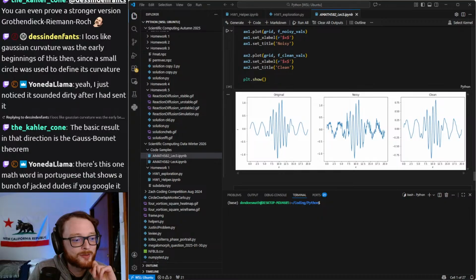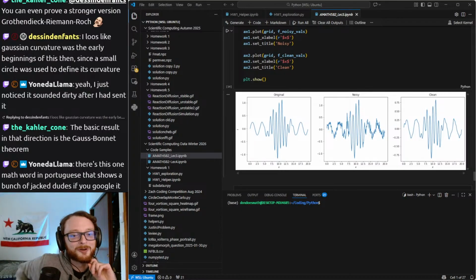This one math word in Portuguese shows a bunch of jacked dudes if you Google it. Really? That's funny. I remember at work, back when I was just an intern, at a job I had during college, a coworker was telling me about empanadas, and I went to Google Images and looked for empanadas on the work computer, and for whatever reason, a bunch of women bending over showed up.